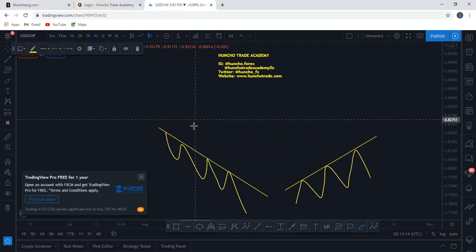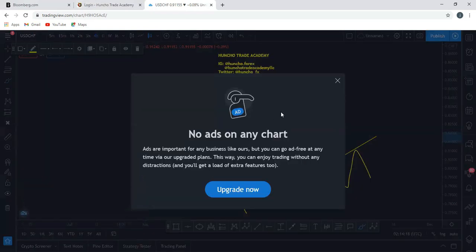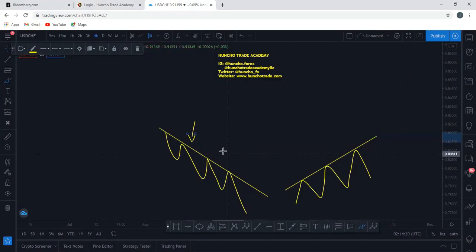So at this area, it acts as a resistance, right? Price is acting as a resistance here. It's also acting as a resistance here, right? Oh, sorry. Some people like to draw that trend line like this, so you can as well draw it like this.